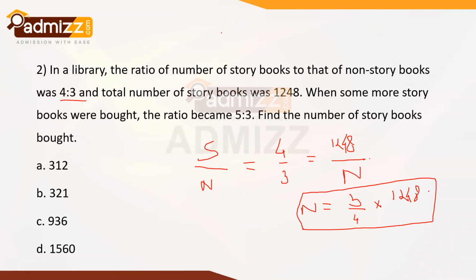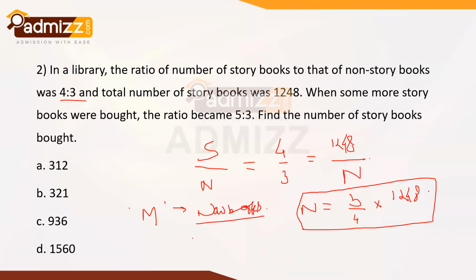Next up, what we are given is when some more storybooks were bought, the ratio became 5:3, right? So what that means is let M be the new storybooks that were bought, right?